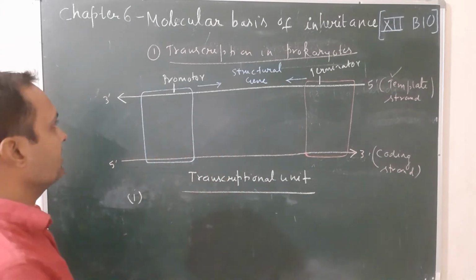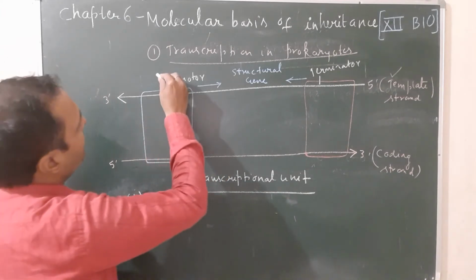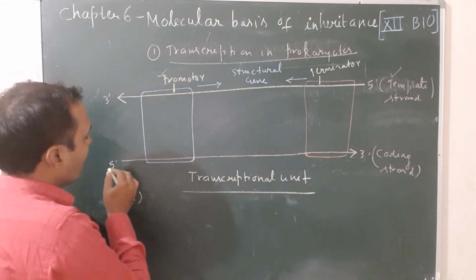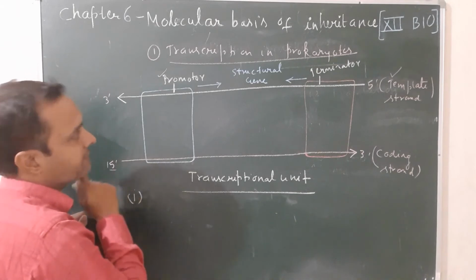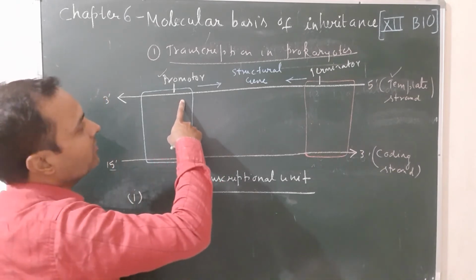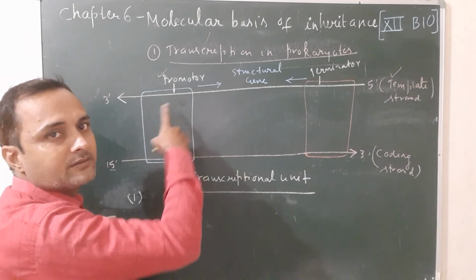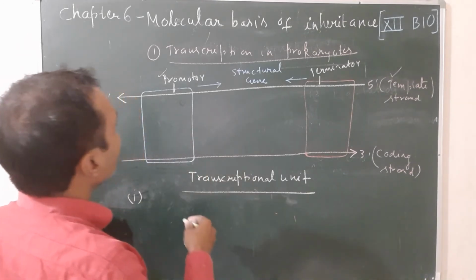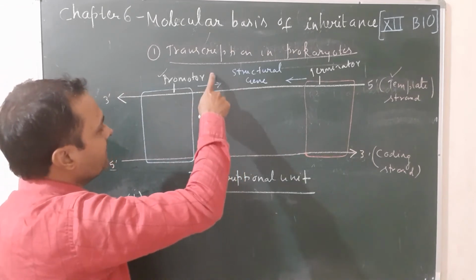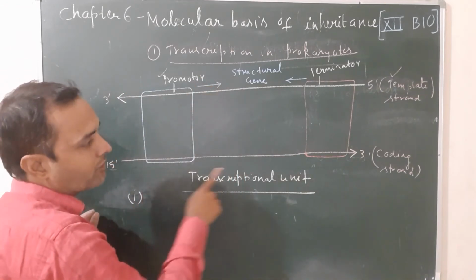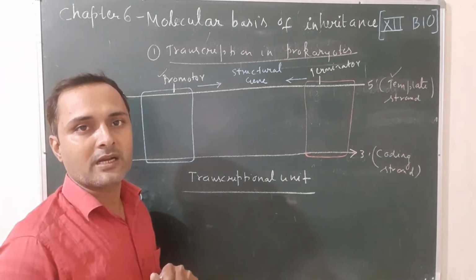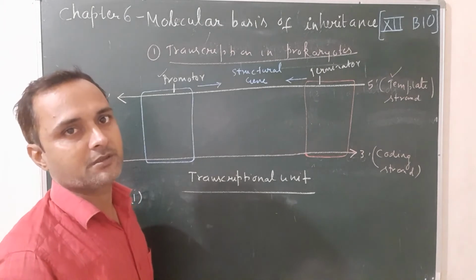So what is the promoter? The promoter is the component of the transcription unit that is present at the 5' end of the coding strand. It is the binding site of RNA polymerase along with the sigma factor during the process of transcription.